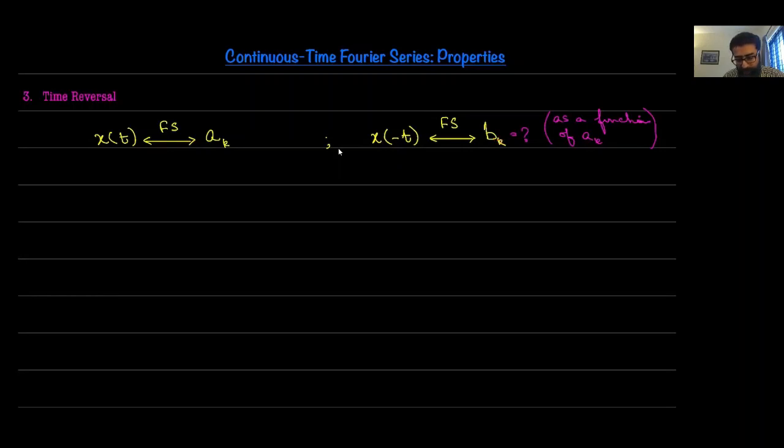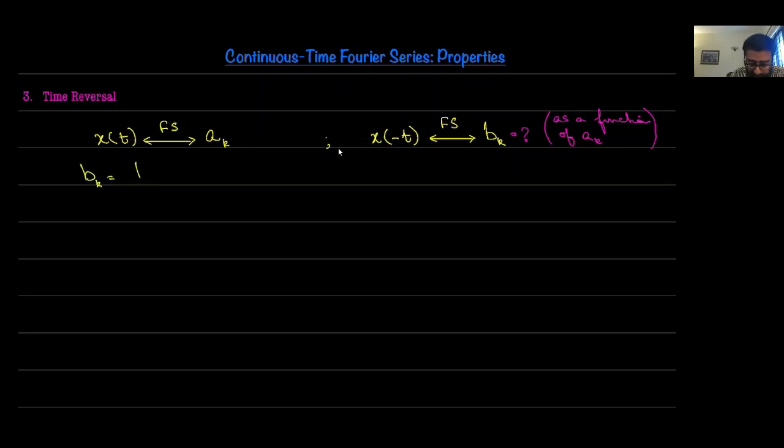Of course, it should be clear that x of minus t is also going to be periodic, and the period for x of minus t is not going to change. So let's do this exercise. The way I'm going to go about this is to use the analysis equation directly to determine the b sub k's.